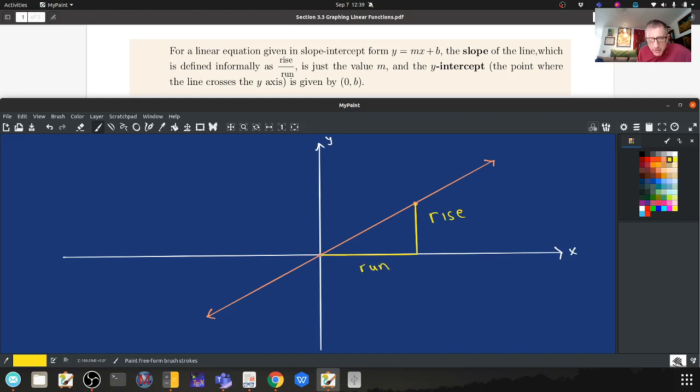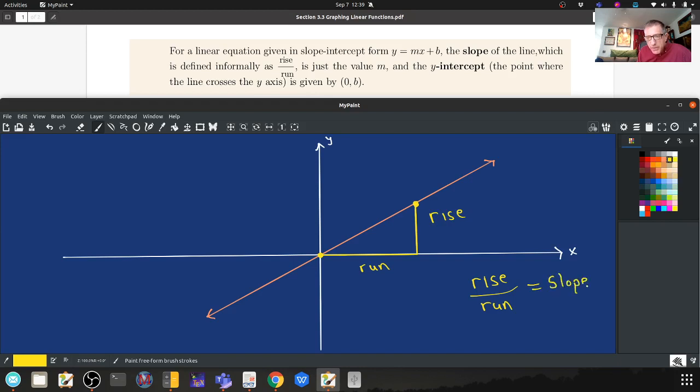So remember, here was one point, which was the origin that I chose. You don't have to do it. And here. And the ratio, if I take the rise and I divide it by the run, that actually turns out to be the slope.